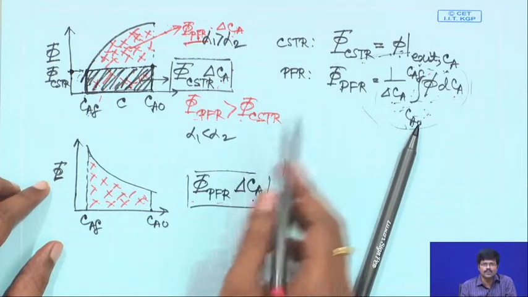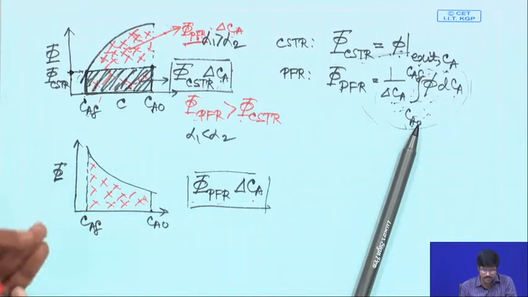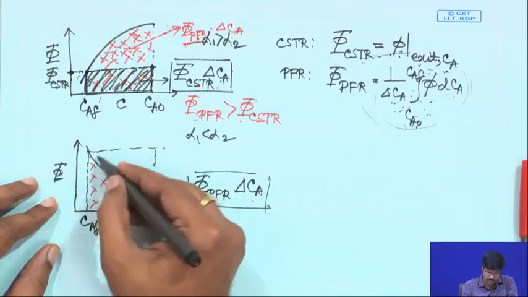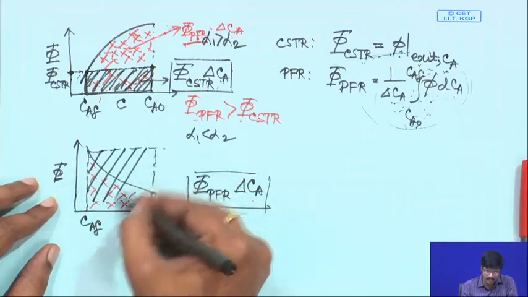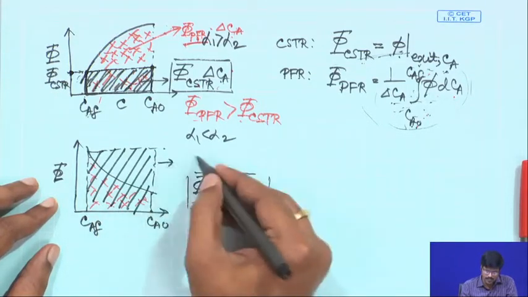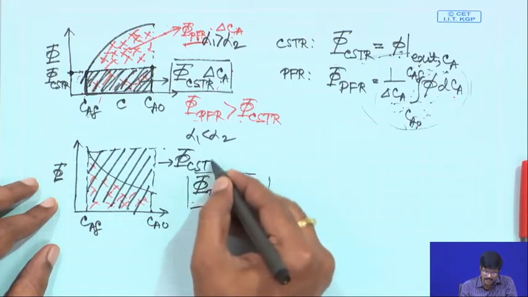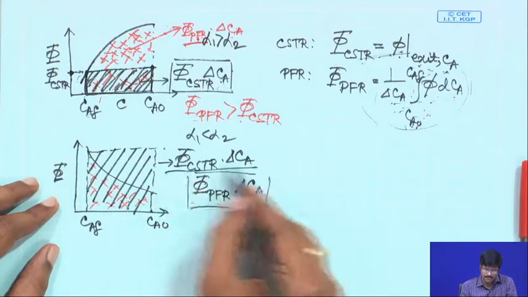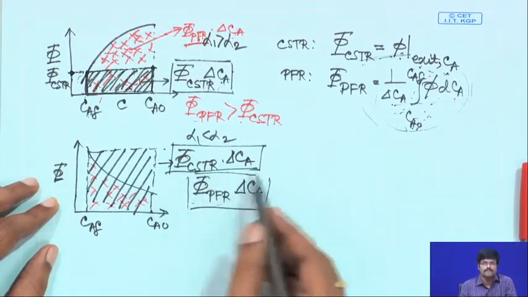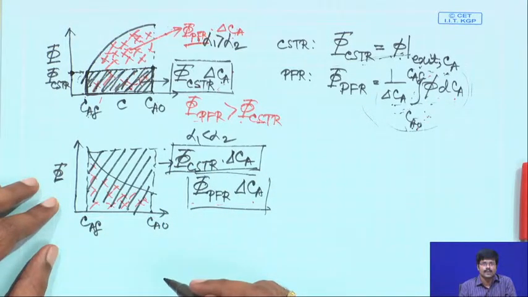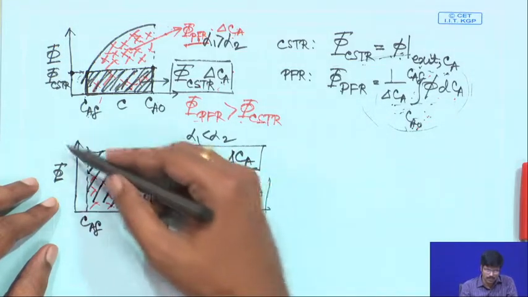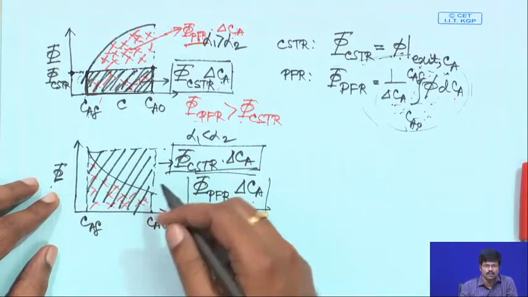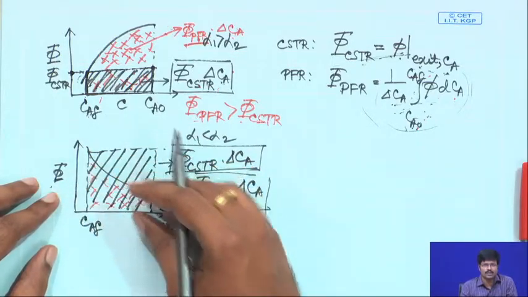And what is the situation for CSTR? For CSTR, the area under this parallelogram is equal to phi CSTR into delta CA. So, remember, when you are looking for the phi for PFR, it is basically an integration, because over the length of the PFR the concentration is changing.